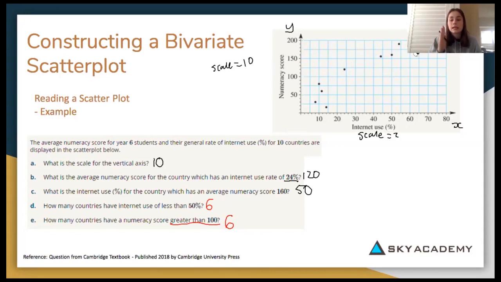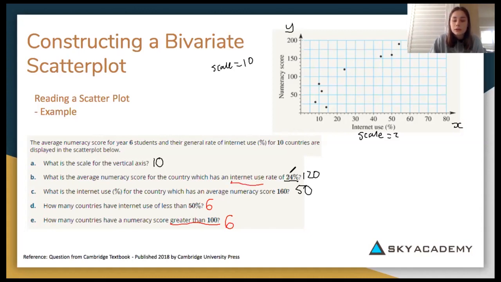Determining a scale, you just see how much they go up by, how much each interval or each line goes up by, even the small intervals that don't have a value associated to them. When you're having a look at questions like B, you go across to the value that you know. So we know we're on the x-axis because it's internet use.